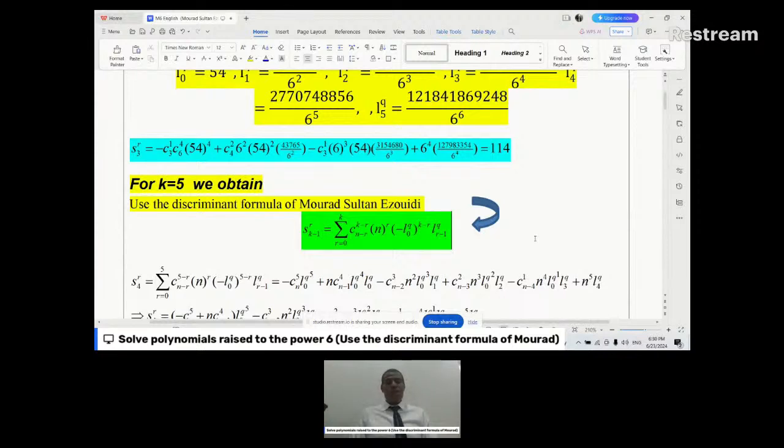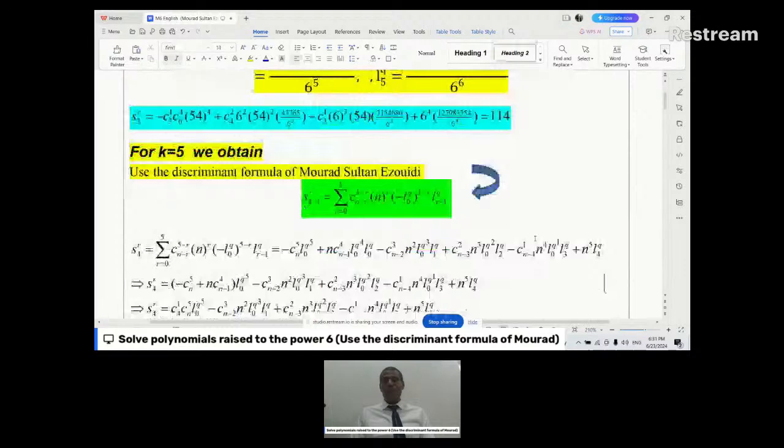You just think of the discriminant formula of Mourad Sultan Ezouidi, and you will find all the roots of the polynomial that you are planning to solve for x.